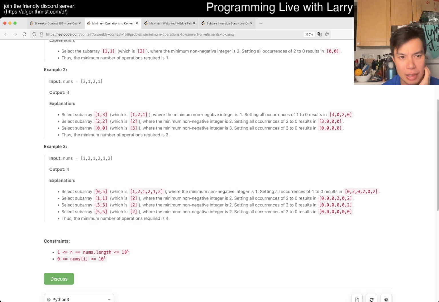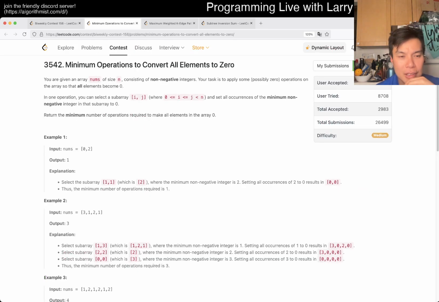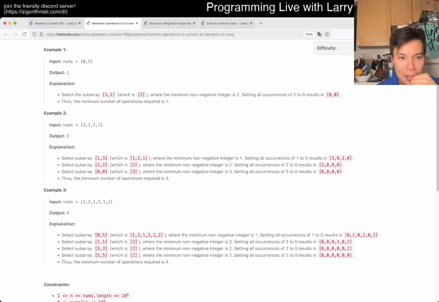I don't get how that's fast enough though. Am I just too dumb to realize a smarter way? Huh. So first is that minimum you always want to extend, and then the, okay. So I guess that is the way.